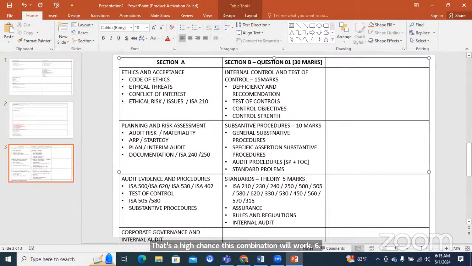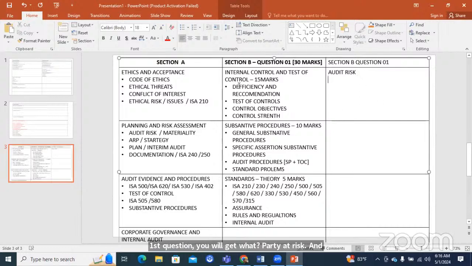Section B, question 1: high chance this combination will work. Some students will get section B, question 1, because questions get rotated. First one is audit risk. What is the first question you will get? Audit risk.